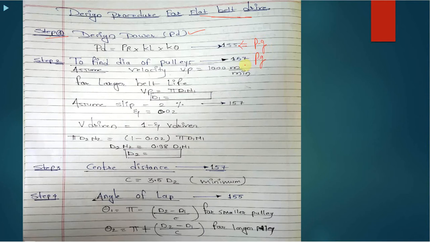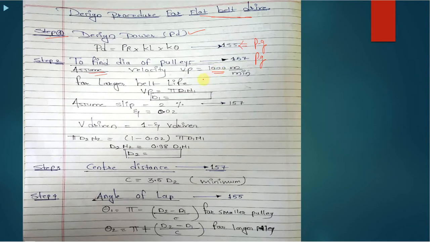Assume velocity Vp is equal to 1000 meter per minute. If the velocity is given, then we can use the numerical value. If not given, then we assume the velocity Vp equal to 1000 meter per minute.